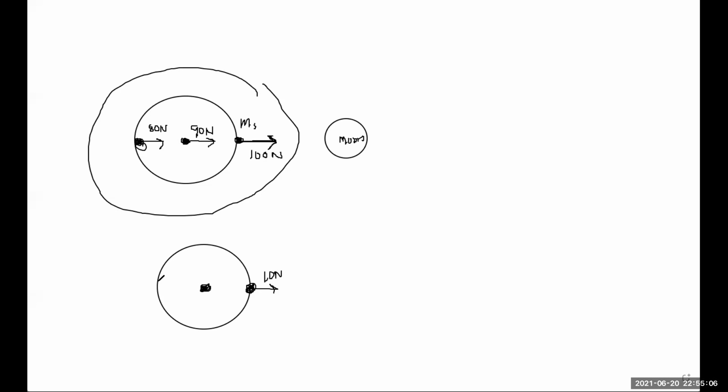Now, if that mass was on the left side, farthest away from the moon, then you subtract 80 minus 90 and you get negative 10. So it has the effect of being pulled to the left by 10 newtons, right? So with respect to the force that mass would have felt at the center, that same mass being at the two ends is being stretched.